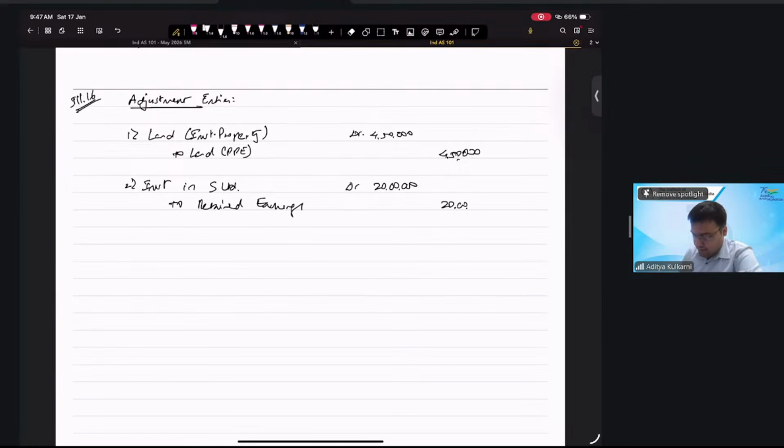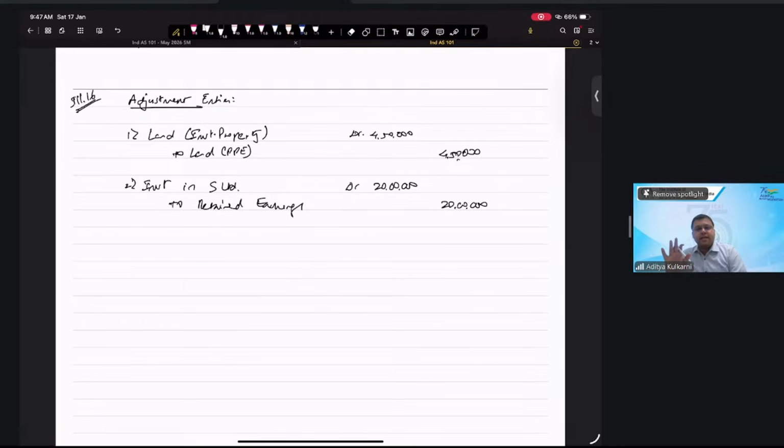By the way, investment in subsidiaries you can continue to account at cost also. Ind AS 27 allows you to record investment in associates, joint ventures and subsidiaries at cost.